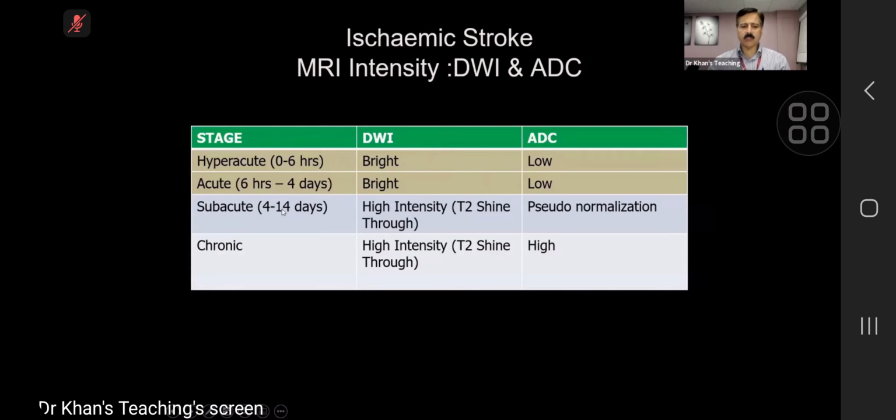Because then what happens between 4 and 14 days, this brightness decreases and it becomes high in signal intensity, and the ADC map becomes what we call pseudo-normalized. And in chronic infarct, this will be high as in T2 because of T2 shine through, and the ADC will also be high. So this concept is important for you to remember.